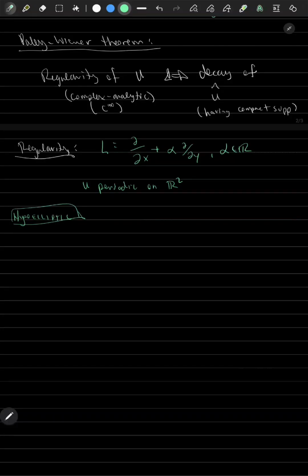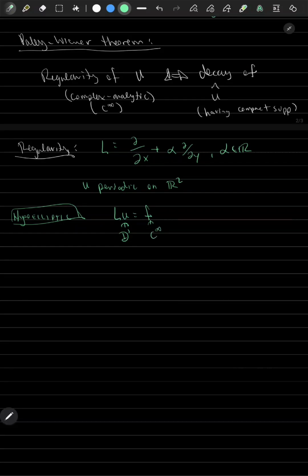So hypoelliptic is, so we can determine that a solution is of a certain regularity class. But how do we determine that an operator is of a certain regularity class? Well, that's what the definition of hypoellipticity does. It says that an operator, L, is hypoelliptic, you can think of that as being essentially regular, if we have a case like this, where let's say U is in a predetermined regularity class, it's pretty low, let's say it's a distribution, and F is, let's say, infinity, so F is very regular.